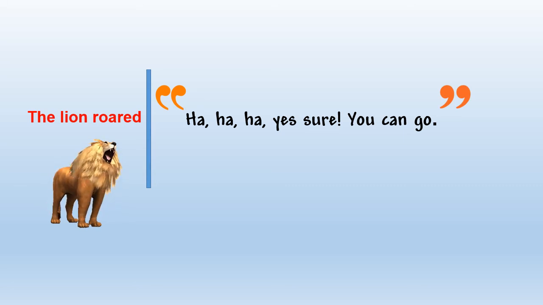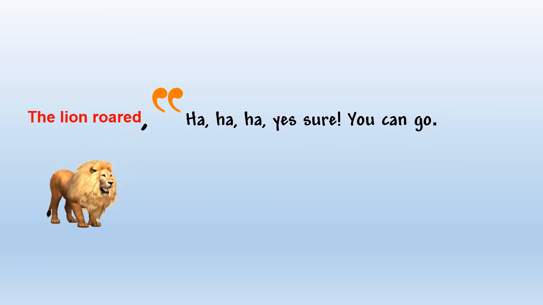Open speech marks and close speech marks. The lion roared, and we use a comma to separate the character from the spoken words. We open our speech marks. We write our sentence and we close our speech marks.